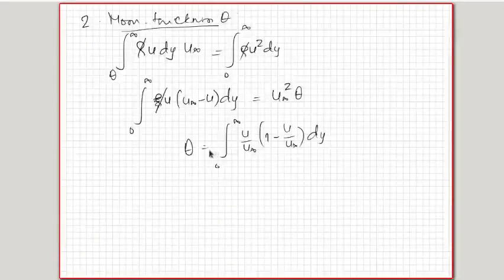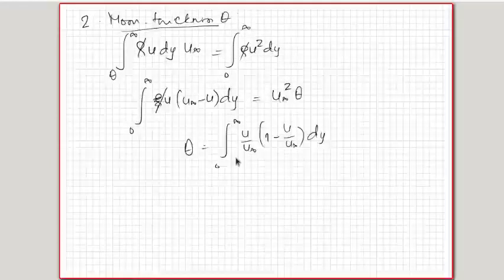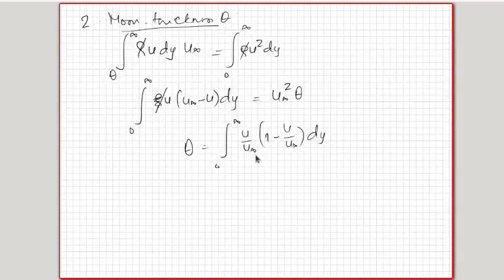So this is the definition of momentum thickness. This is basically the distance by which the free stream is displaced if it were to carry the same amount of momentum as in the case of the boundary layer flow.